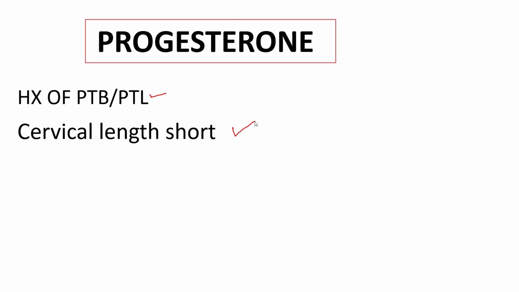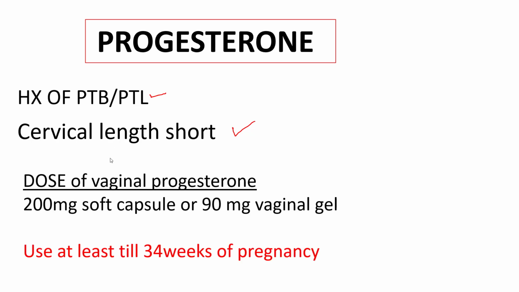As I have told you, the best route is the vaginal route, as nowadays it is recommended to give progesterone through the vagina. So we will discuss the dose of vaginal progesterone. You can give either a soft capsule or you can give vaginal gel. The dose of a soft capsule is 200 mg and the dose of a vaginal gel is 90 mg.